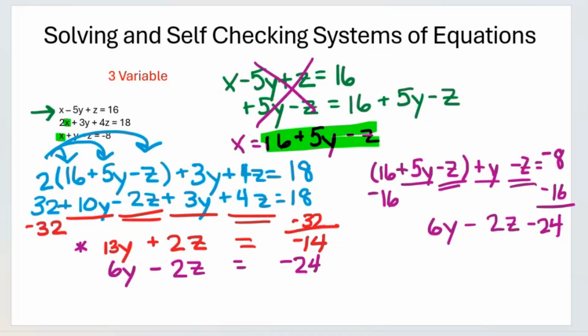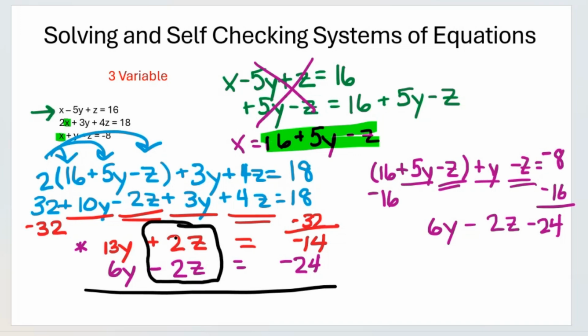The reason that I'm going to choose linear combination here is you might notice that these are already going to add to 0. So I don't even need to multiply because I already have the positive 2 and the minus 2 for z.